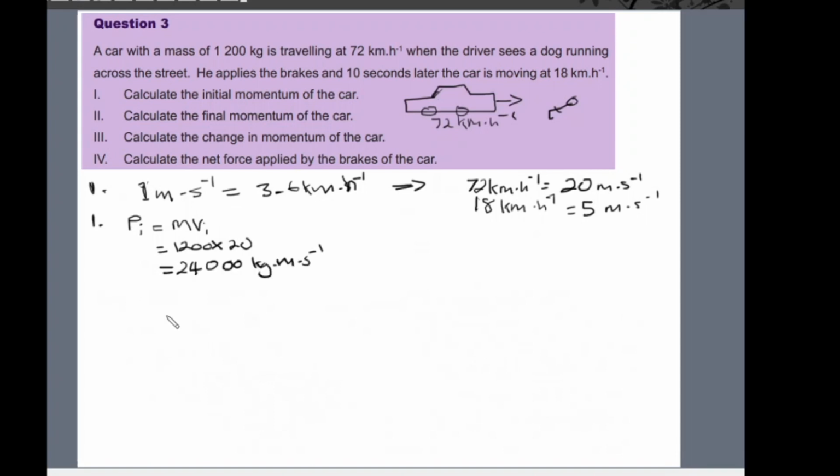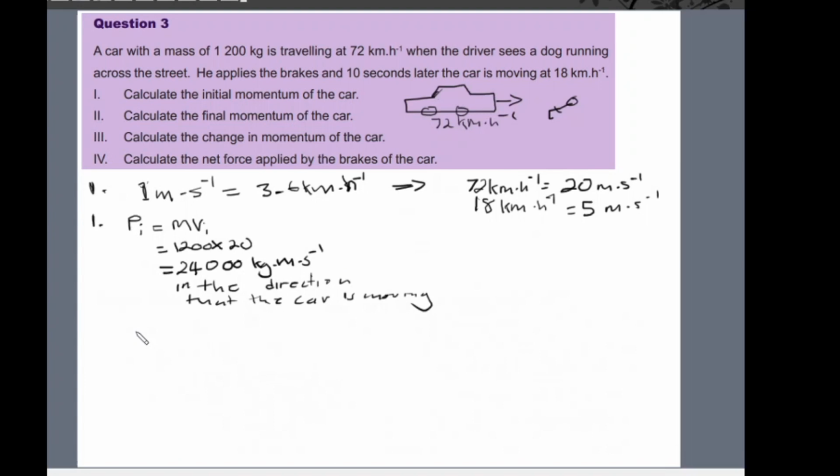And then in the direction of the velocity of the car, in the direction that the car is moving. Okay, remember momentum is a vector quantity, therefore it has direction, so we have to indicate direction.